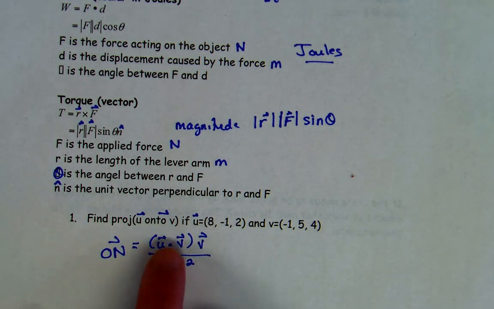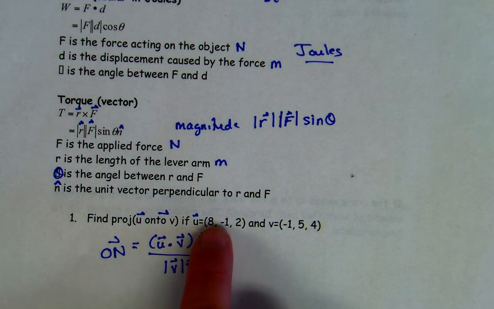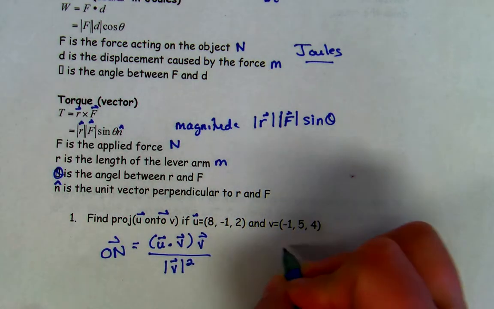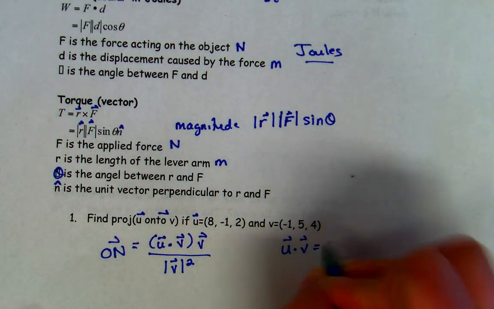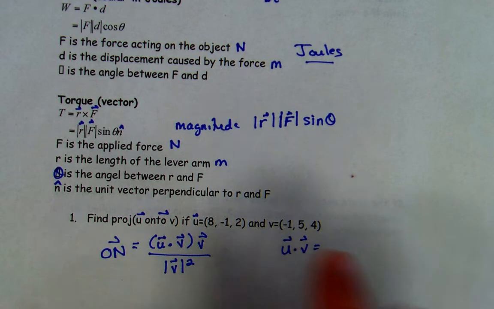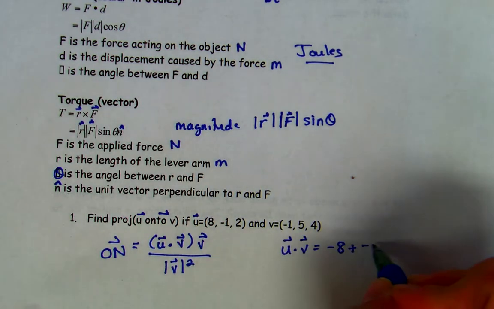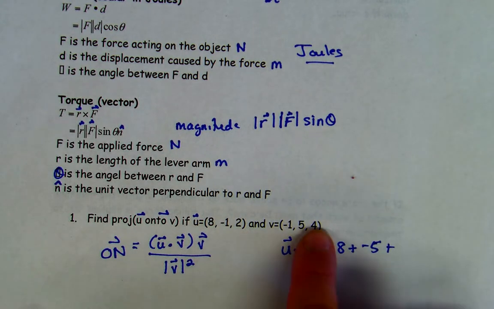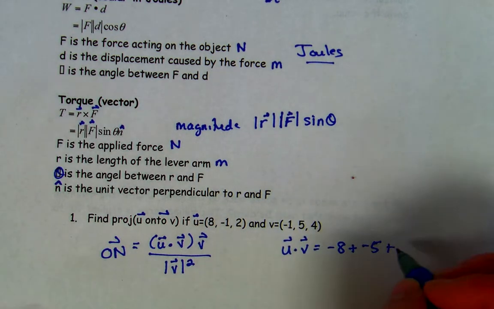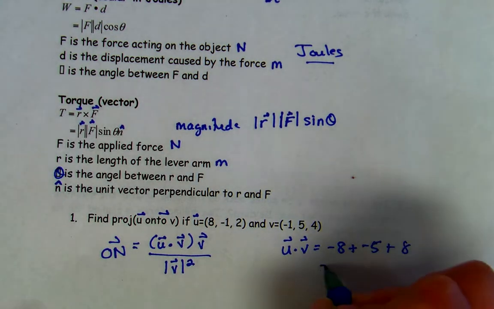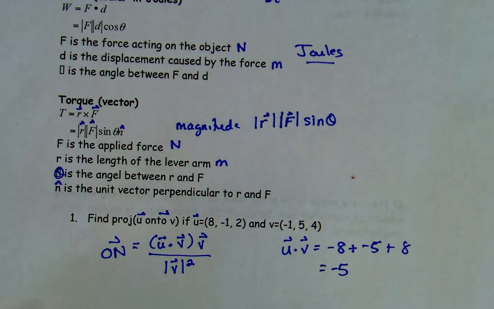So I need a bunch of things for this. The first thing I need is u dot v. Well, I have u and I have v, so I'm going to do u dot v by doing 8 times negative 1, which is negative 8, plus negative 1 times 5, which is negative 5, plus 2 times 4, which is 8. So that's going to give me negative 5.